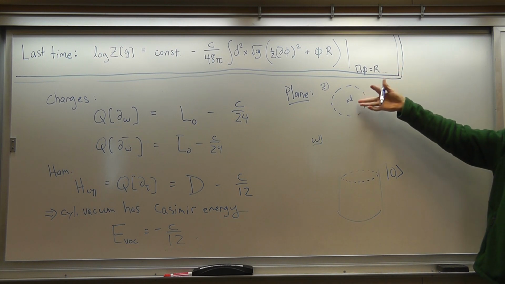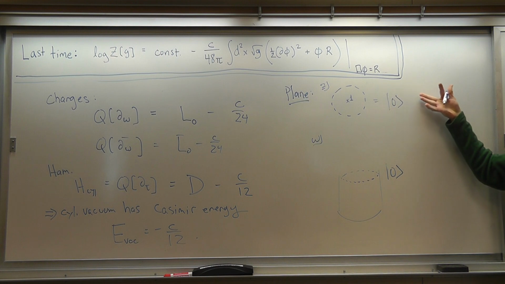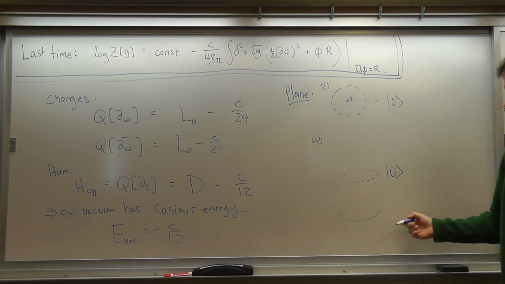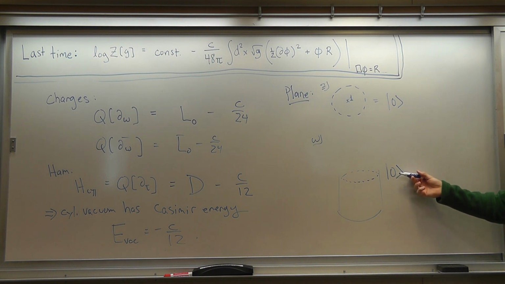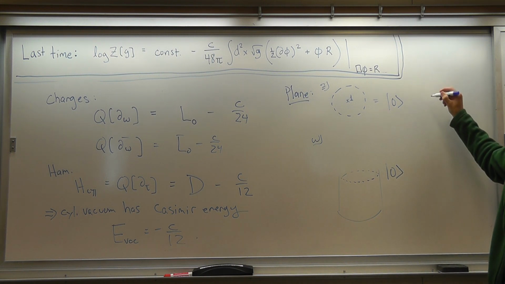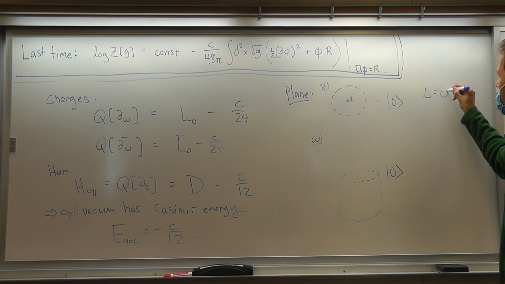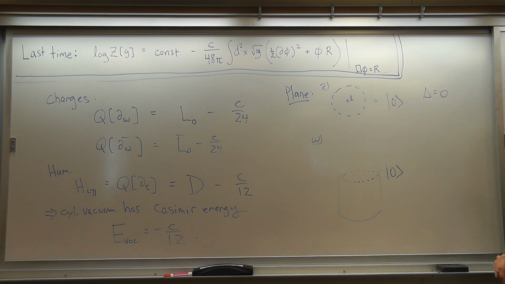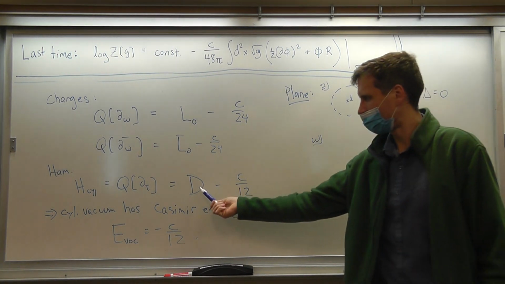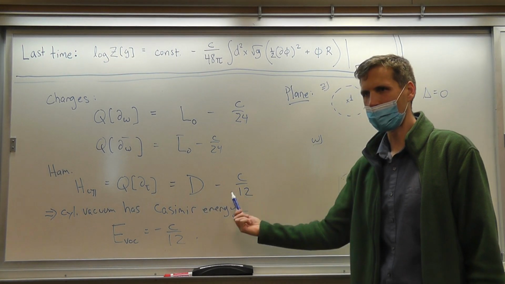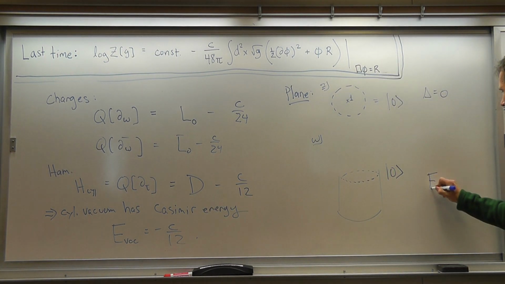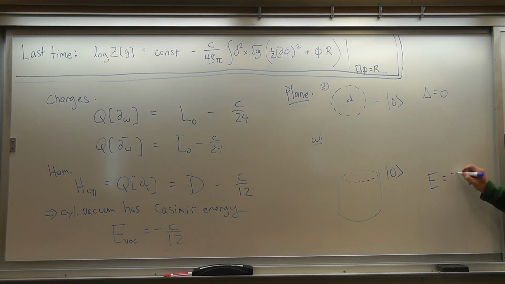So if we insert the identity operator, this defines the vacuum state on the plane, and that corresponds to the vacuum state on the cylinder. Now the identity operator has scaling dimension 0. And under this shift, the dilatation gets shifted by minus c over 12. So the energy on the cylinder is minus c over 12.